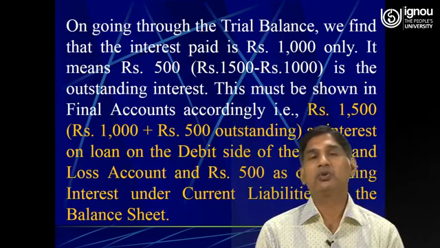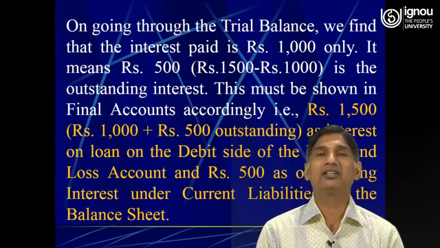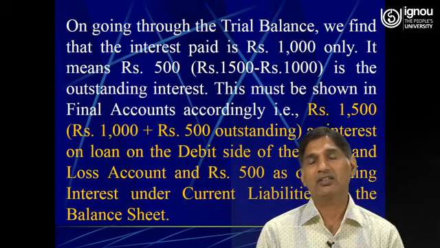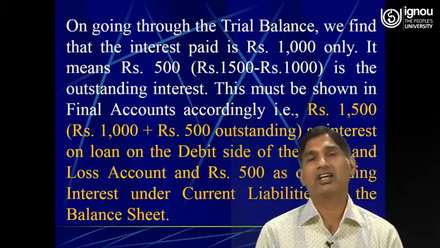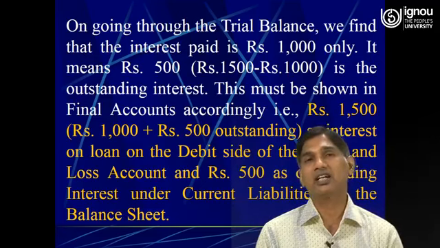While preparing the balance sheet we need to show rupees 500 as outstanding interest on the liabilities side of the balance sheet under the head of current liabilities, because this amount of rupees 500 is yet to be paid. By the end of the financial year, this amount of rupees 500 on interest on loan is outstanding. It has not been paid yet.